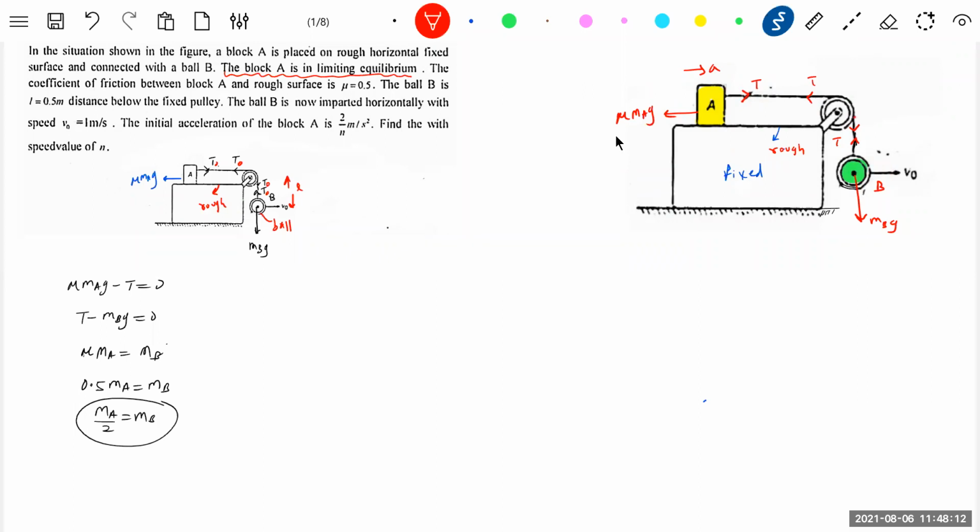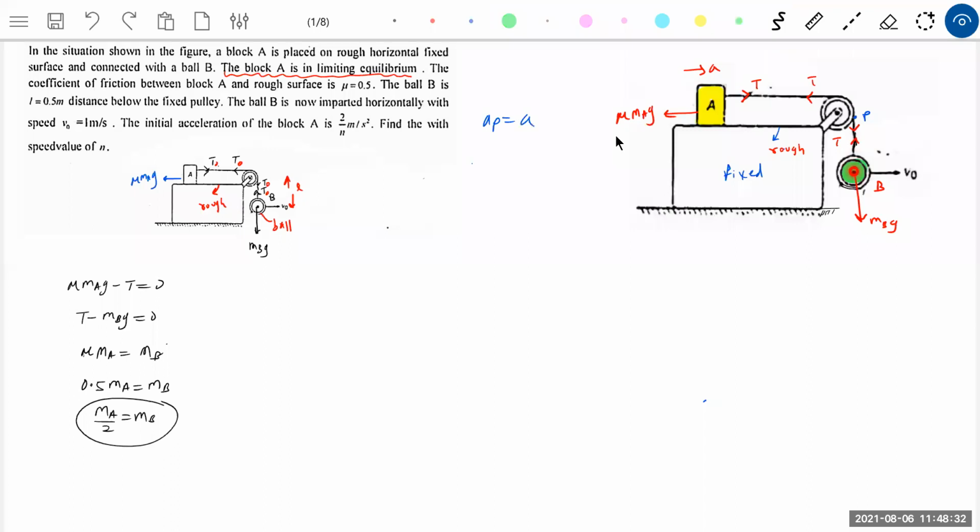Then there's a point P which I'll consider. What is the point P? Point P is on the rope. So what is the acceleration of point P? It should be the acceleration of block A. Then I should apply a pseudo force, and the point P will accelerate down.